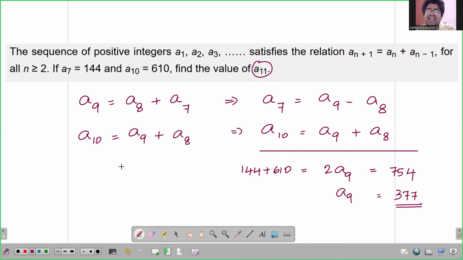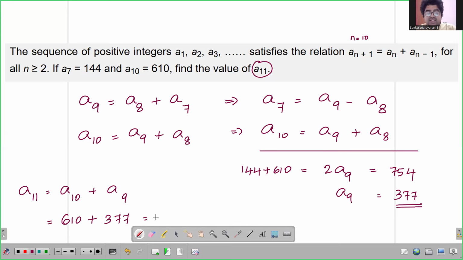You are asked to find A11. So you put n is equal to 10. At n equal to 10, you will get A11. A11 is nothing but A10 plus A9. I know A10, it is 610. A9, I just calculated, which is 377.